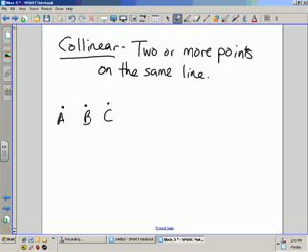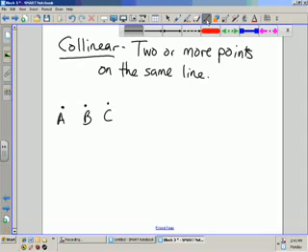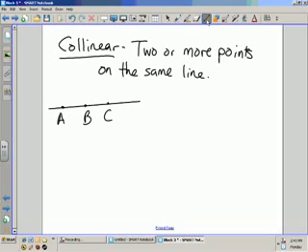But what are the chances that I got them exactly in line? In fact, if you look, it kind of appears that B is a little bit too low. If that's the case, I need to put them on a line. I force them to be on the same line, therefore they are now truly collinear.